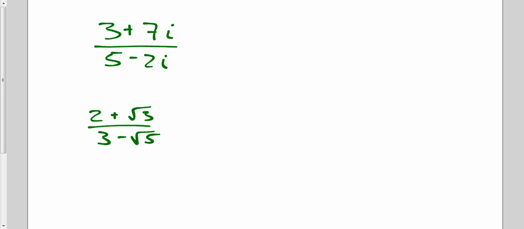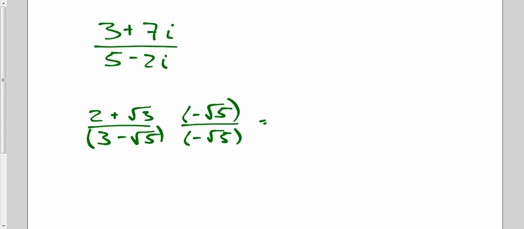How do you do that? Multiply what by negative square root of 5? Okay, so negative root 5 over negative root 5. Let's look at the denominator, because the goal is to get rid of the radical sign in the denominator, right?